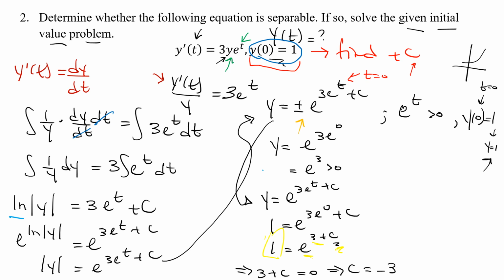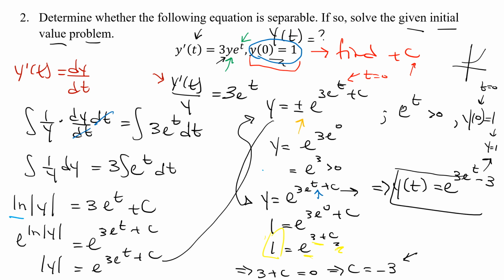So since we have our c, we're now able to write what our function is. It's a function of the variable t, and we know that because that's the only variable we have there, so y of t is equal to e to the 3 e to the t, and we can now say minus 3 because we now know what our c is equal to. And so there we go, okay?